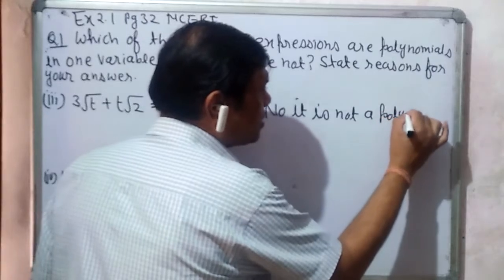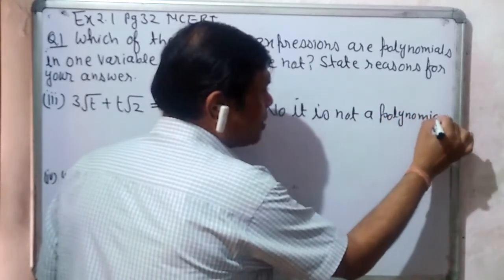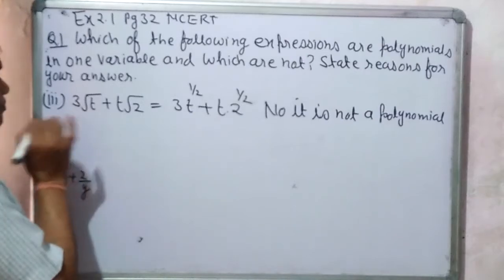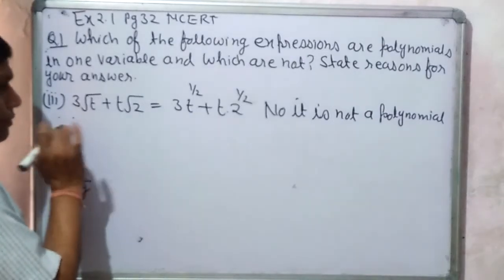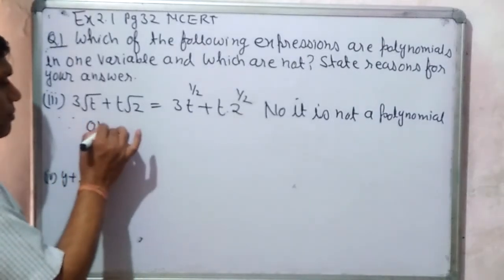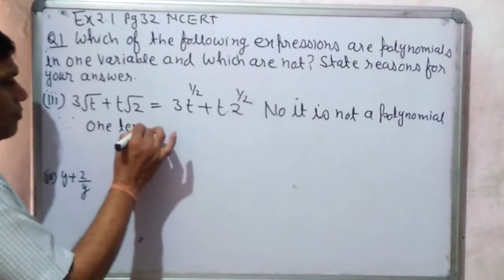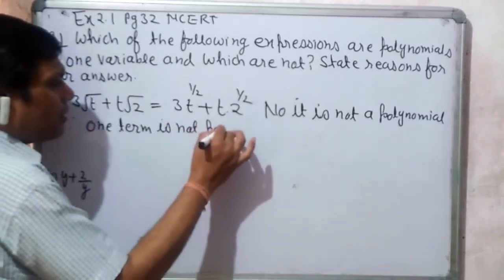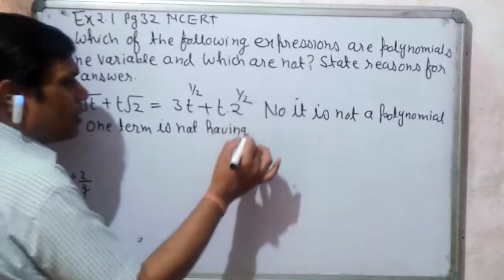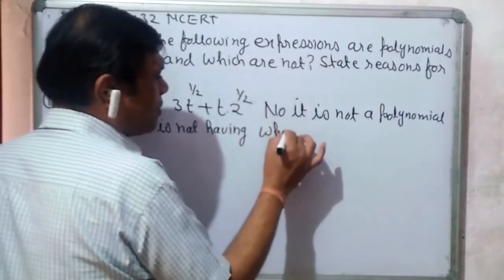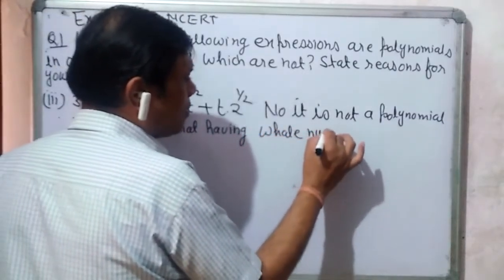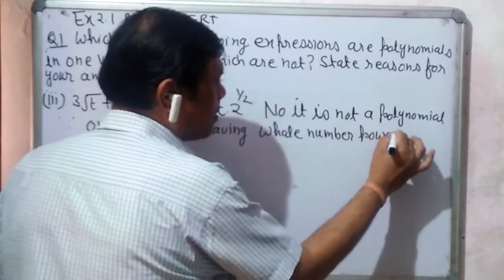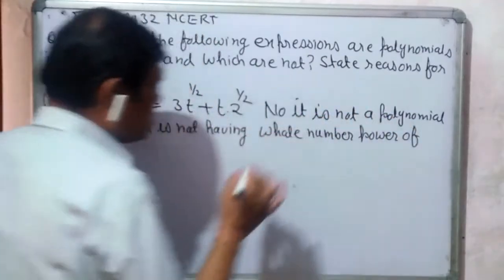We have to give the reason, because one term is not having a whole number power of the variable.